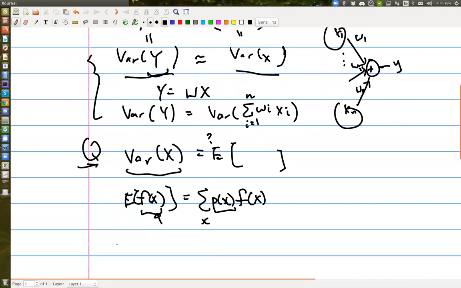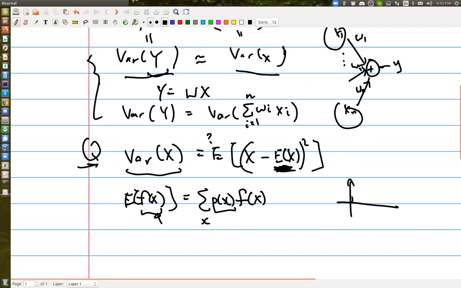And then if I consider variance, it should be x minus the expectation of x, squared. Why we have that is basically this is just the mean, the average location of your x there. You want to look at each of these possible x here.